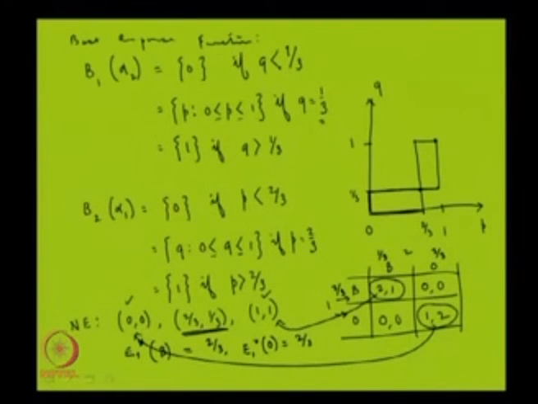So, they are equal. Similarly, you will see that the expected payoff to player 2 in the mixed strategy Nash equilibrium, from these two actions will be equal. In this case, it is going to be again 2/3. So, this expected payoff and this expected payoff will be same. So, the point I am trying to make is the following.